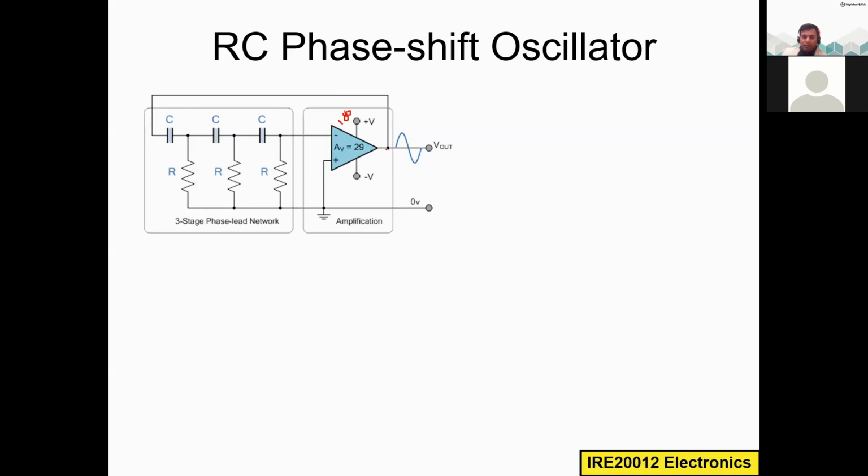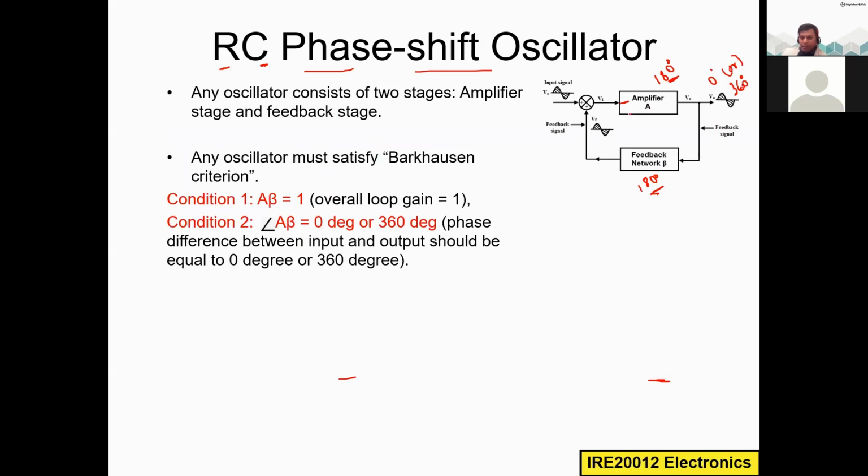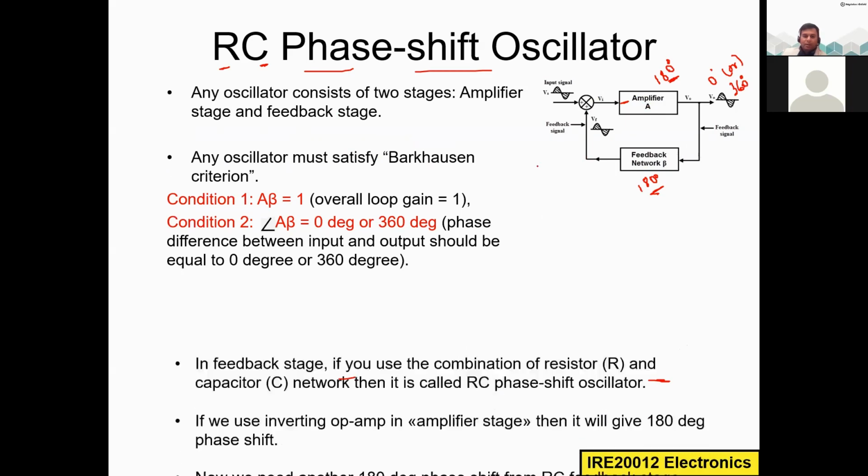So the operational amplifier output is given as the input to the RC network, and the output of the RC network is given as the input to the operational amplifier. This is what we want. Here you can see we are just making this a closed loop. We take the output here and give it as input to the feedback stage, the RC network, and then take the output from it and feed it back to the operational amplifier.